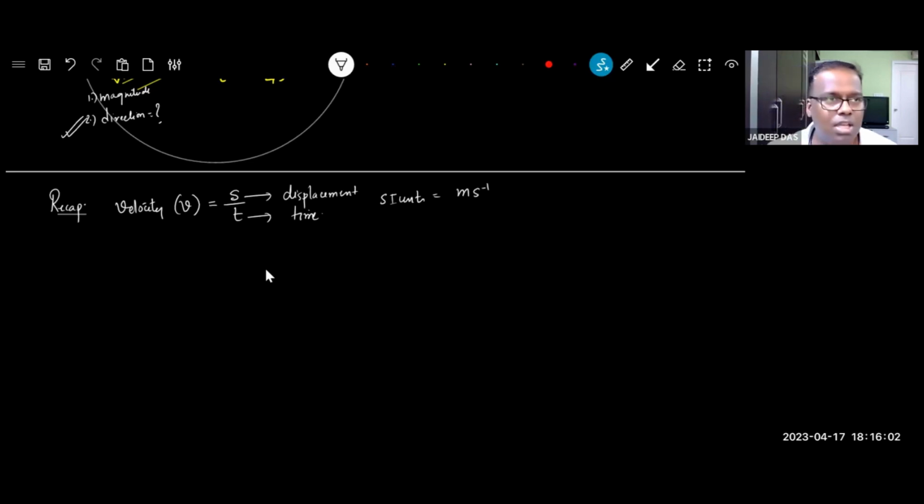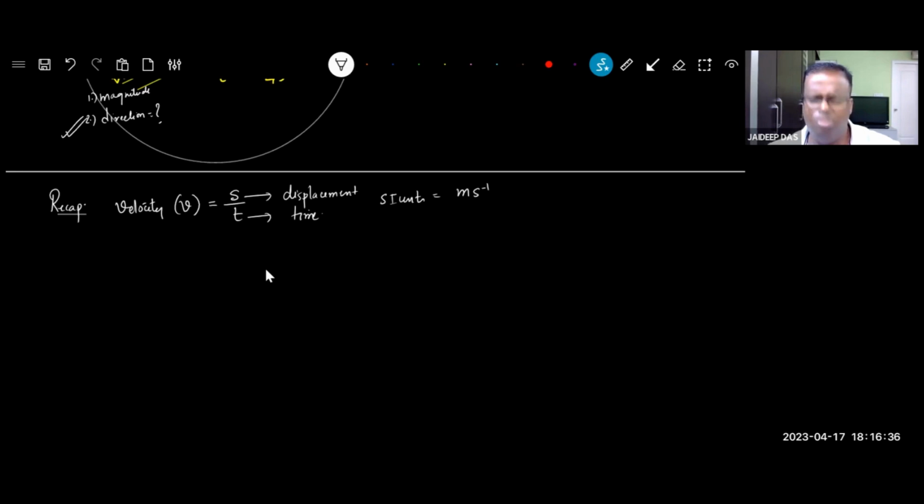So we will say that the velocity of Shaurya is said to be 1 meter per second if Shaurya can travel in a straight line and cover a displacement or a distance. You can use the word distance because you have specified Shaurya is traveling in a straight line. In a straight line, distance and displacement are same. If Shaurya can travel in a straight line and he is able to cover a distance of 1 meter in 1 second, then we say that the velocity of Shaurya is 1 meter per second in the direction of his travel.